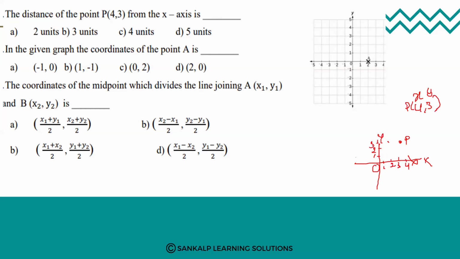Distance of the point from x-axis. So from x-axis means x value is 4 here and y value is 3. Distance of the point from x-axis is, that means you are going to observe this distance, right? So P's x value is 4. So this distance you are going to observe, that is the value of x-axis.